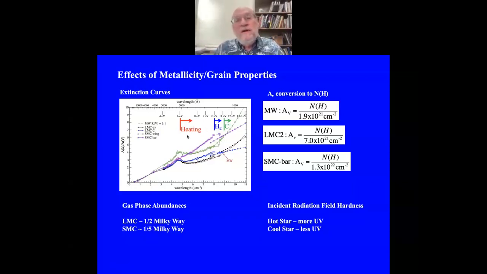So in some of the PDR codes, it's very easy to change these kinds of parameters. Not all of them, but some of the parameters, just from an input file. In other codes, it's quite difficult. You really have to dig into them to figure out how to change them. And they don't all change in the same direction. These parameters work in various different directions.